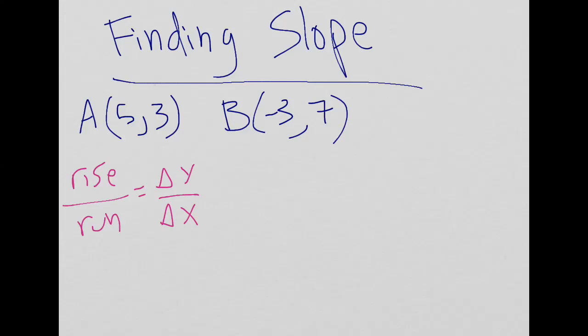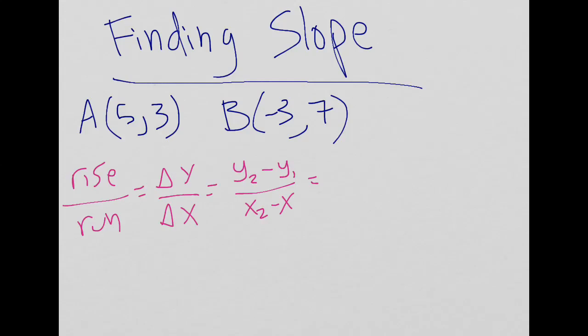And that little triangle I drew is a delta, and we use a delta to represent change. So the change in y over the change in x. And we can look at this specifically by saying y2 minus y1 over x2 minus x1.